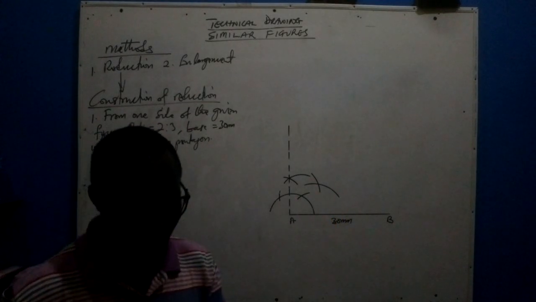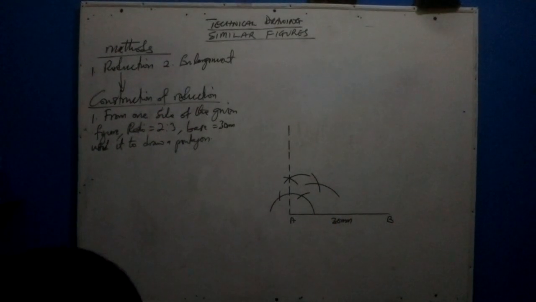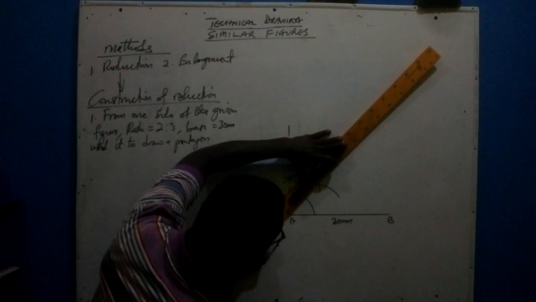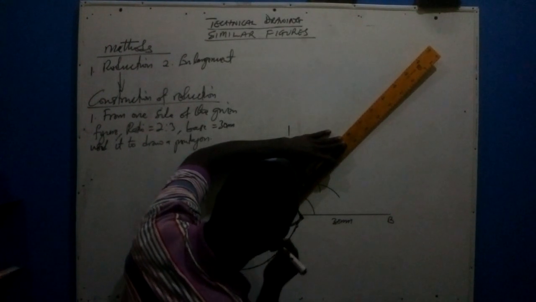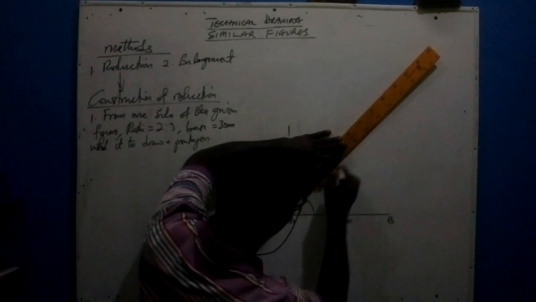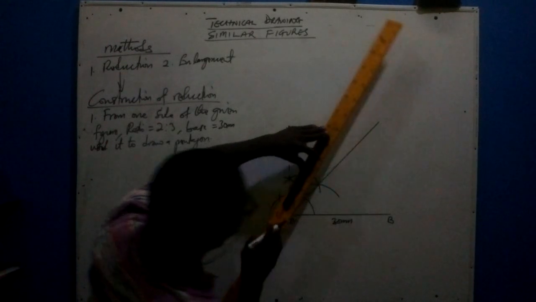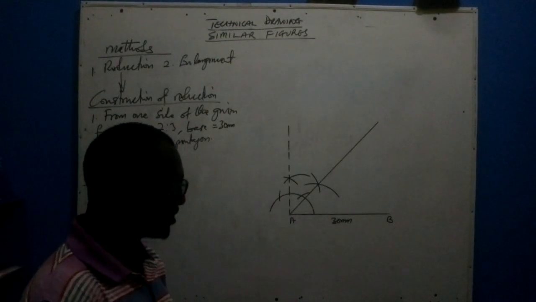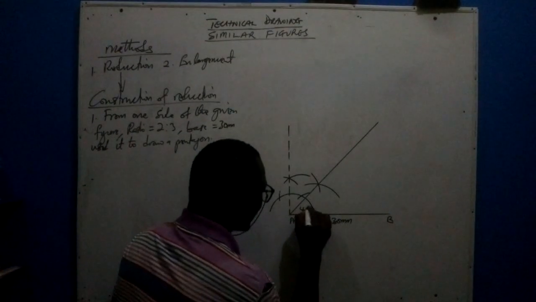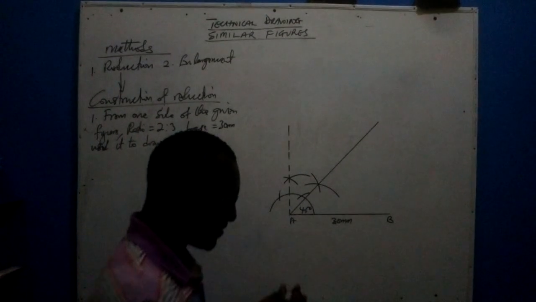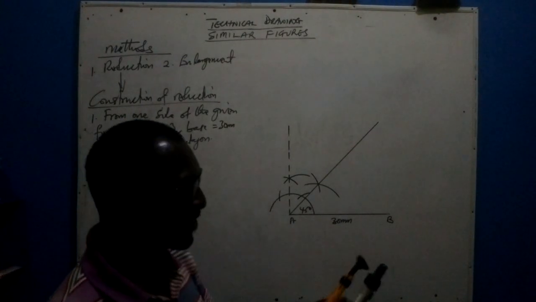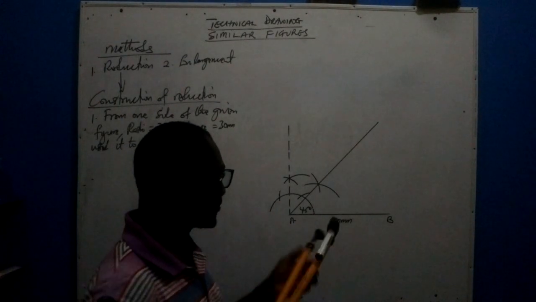Now I've gotten my 45 degrees. Since I've done 45 here, it means that my 60 can go to the other side. If the 60 comes here, the 45 can come in this direction.